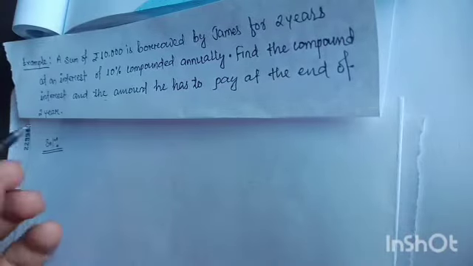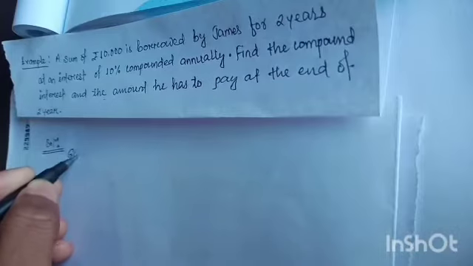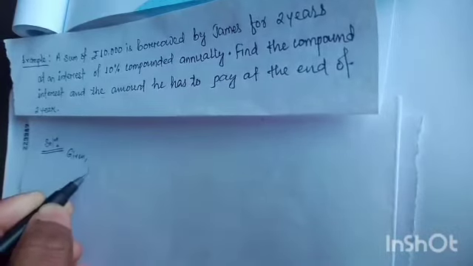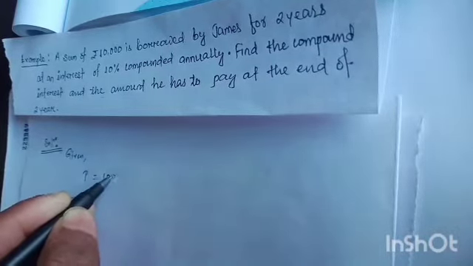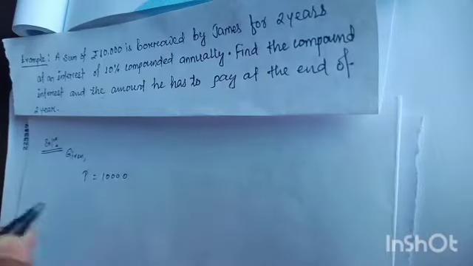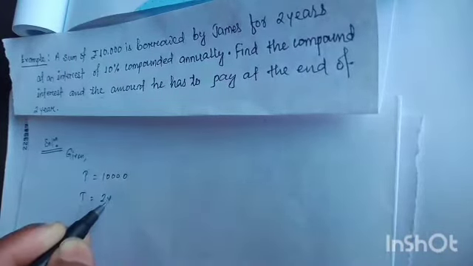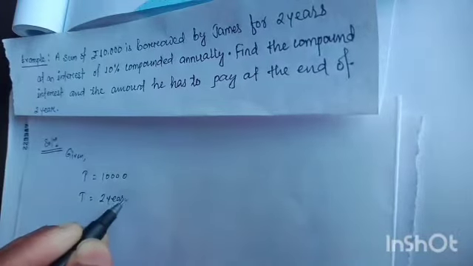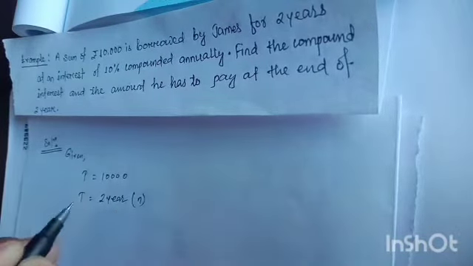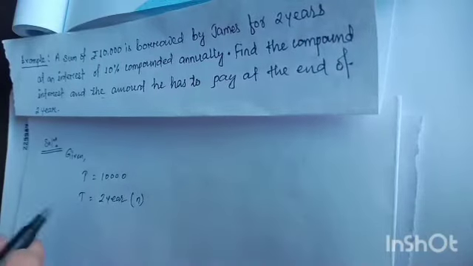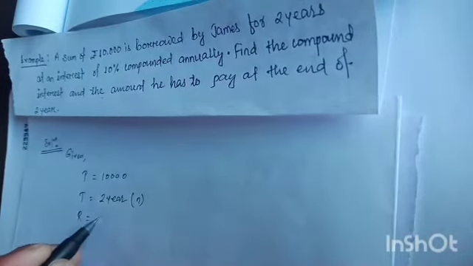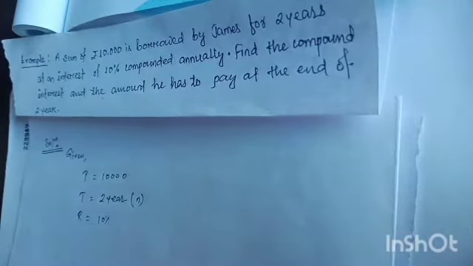See, what is given to us? The principal amount is 10,000, right? Time t is given as 2 years, which we can also represent as n, the number of years. The rate of interest is 10%.